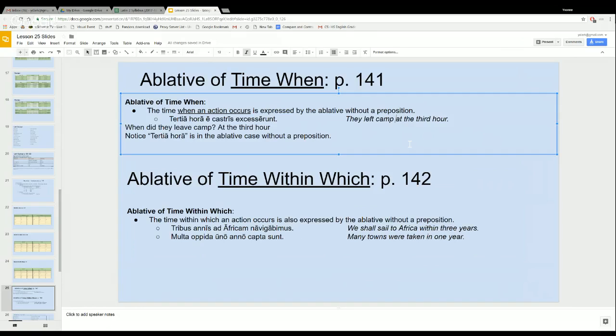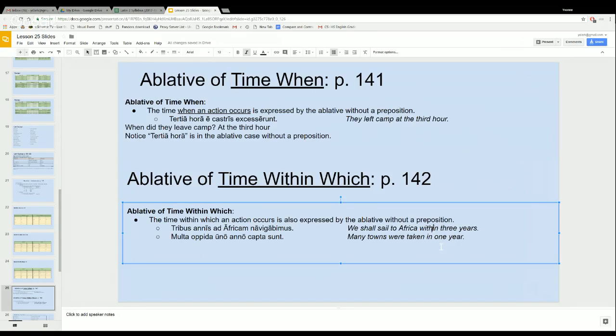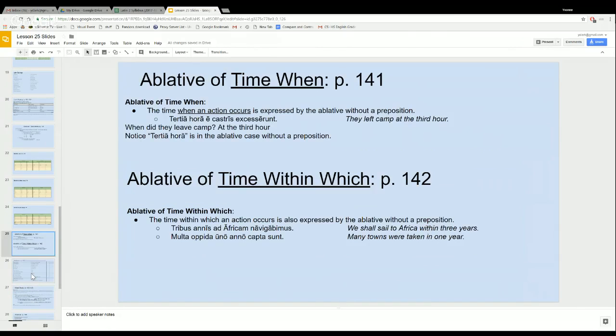I just showed you how it wouldn't make sense to translate this as within which. If you did this in 3 years, I would not mark you wrong, because you've expressed it in the ablative, and obviously I can tell that it's ablative of time. Got it? Do you guys have it? Good.